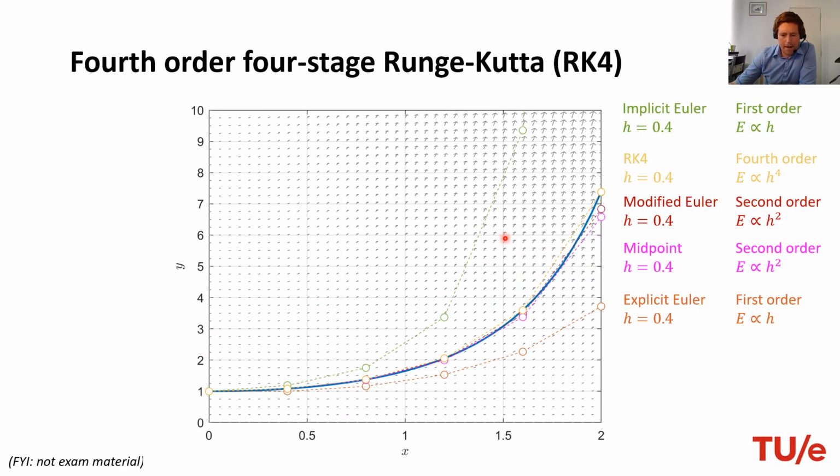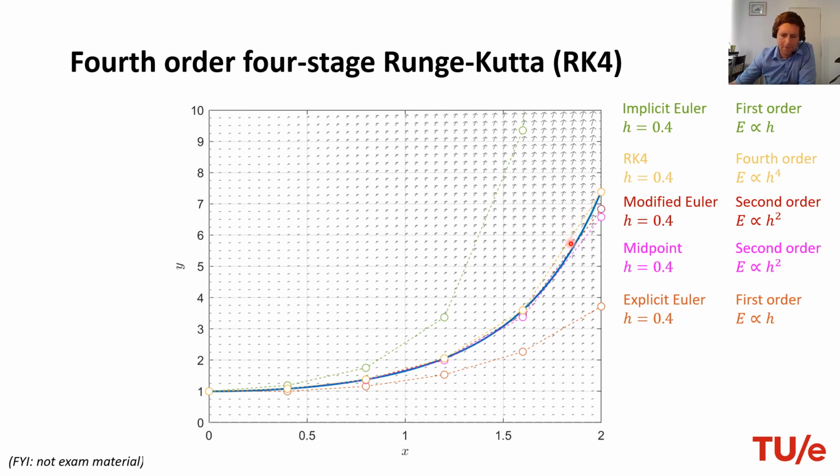Comparing Runge-Kutta 4, which has fourth order accuracy, for our go-to example initial value problem, which had the exact solution e to the power x squared over 2, we see that it does very well. The yellow dots are the Runge-Kutta solution, and you shouldn't look too much at the dotted lines.